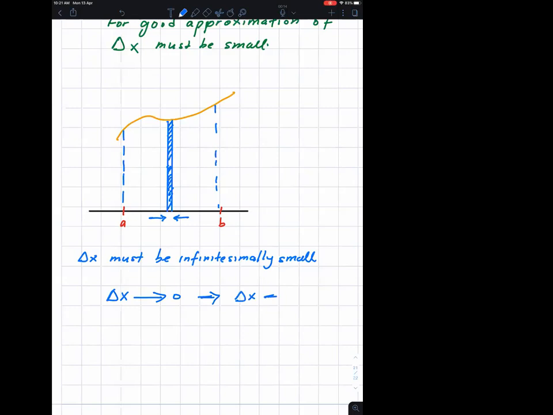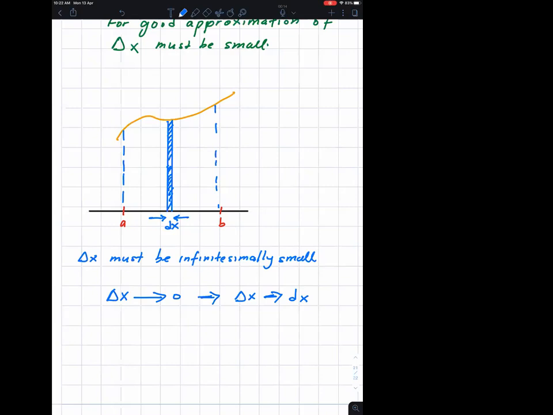When delta x is infinitesimally small, delta x becomes dx. So we call this dx when the interval becomes infinitesimally small. Okay, that's the idea behind it.